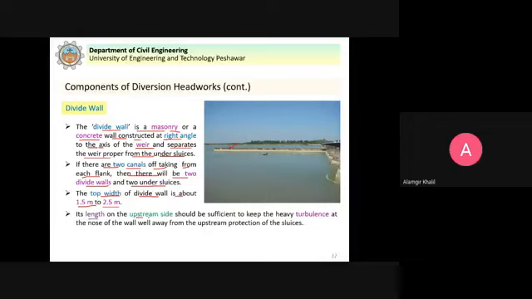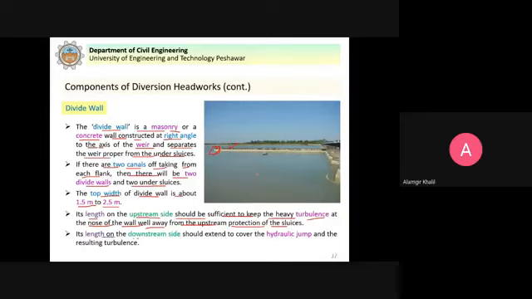Its length on the upstream side should be sufficient to keep the heavy turbulence at the nose of the wall well away from the upstream portion of the sluices.